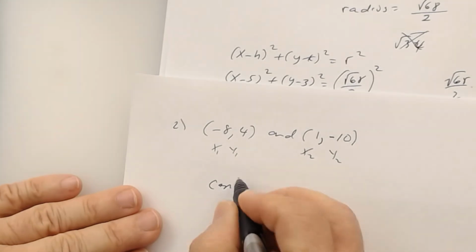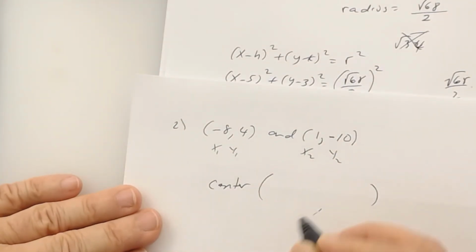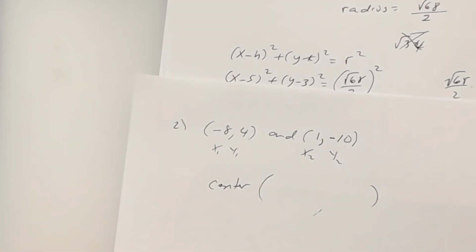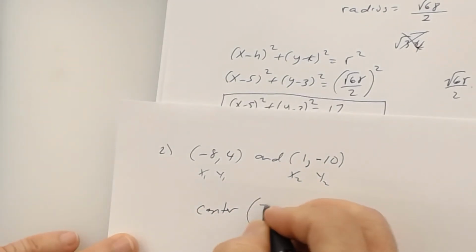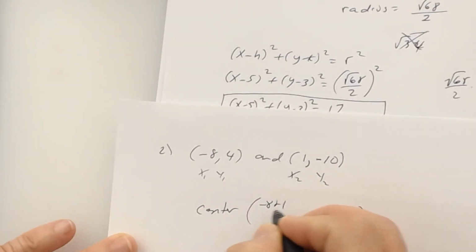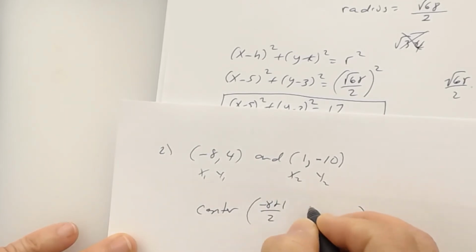All right, so the center: remember you add your x coordinates together and divide by 2. So it's -8 plus 1, divided by 2, and 4 plus -10, all divided by 2. What's -8 plus 1?